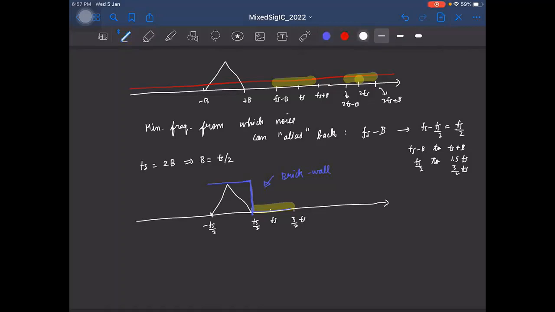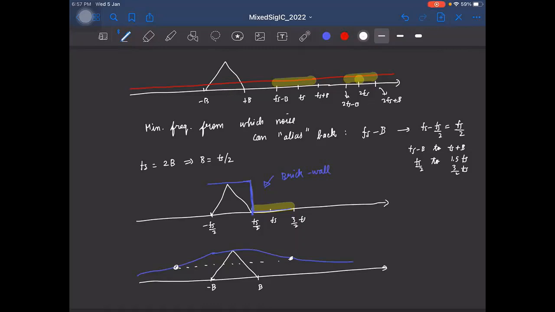So what's the solution? Well, let us say this is my signal bandwidth B. Okay. Well, let us say that a practical, realizable filter has some frequency response like this, right? It has a very slow transition. Okay. And let us say this is the tolerable level of attenuation for us, right?